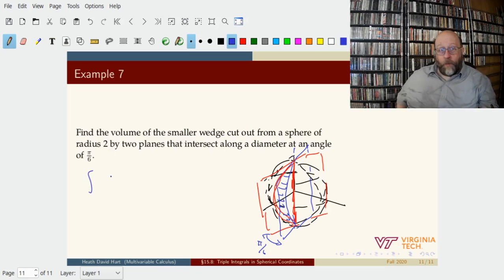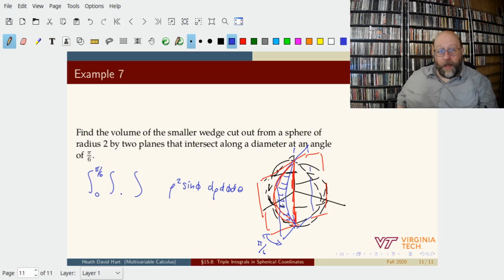Can we set that up? Again, this is a volume problem, so we're just taking a 1 and multiplying it by rho squared sine phi. My theta goes around in the xy plane, and we only want to go around pi over 6 this time. We don't want to go the whole way around, but we do want to go all the way from the top to the bottom of the sphere.